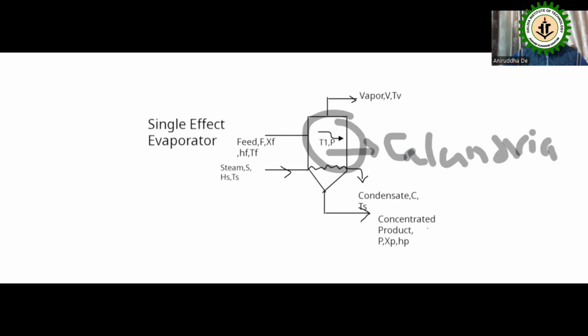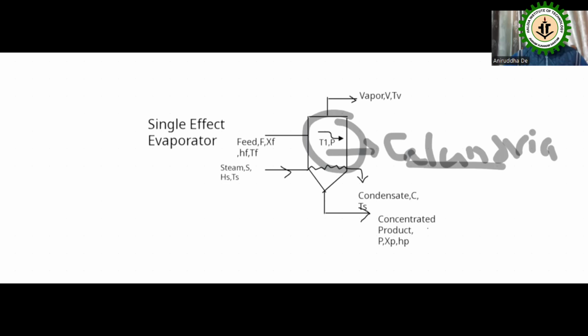So there will be heat exchange between the steam and the liquid food material through the tube wall. For this reason, the calandria is nothing but a heat exchanger through which heat will be transferred from the steam to the liquid food material.